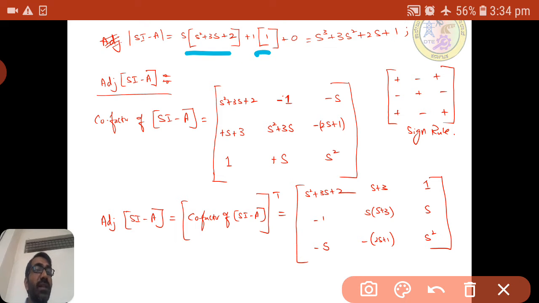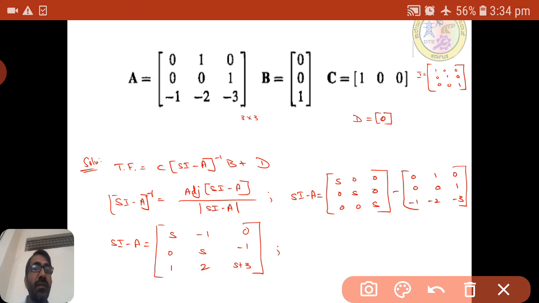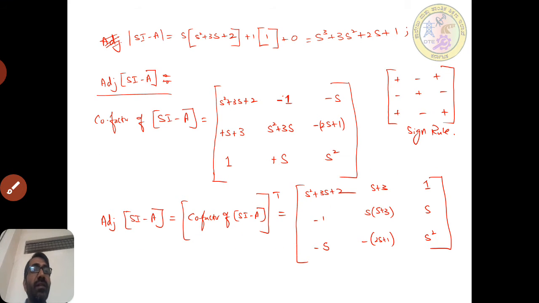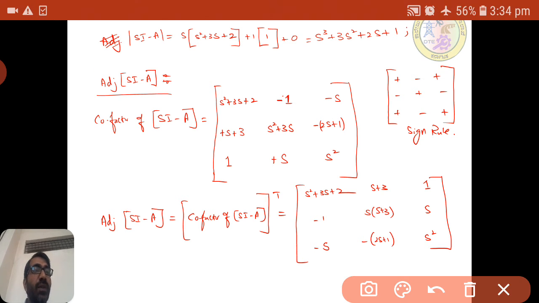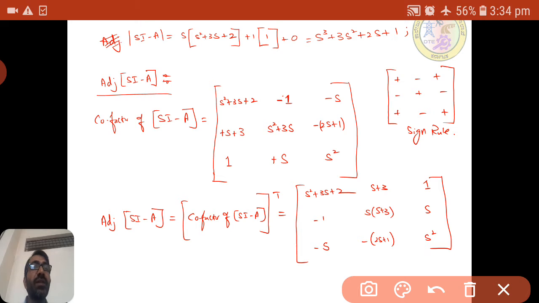Then if you take this one and don't consider this one, 0 into s plus 3 is 0, and minus the plus 1, so that will be 1 here. The third one is 0, and 0 into anything will be 0 only. So the determinant of sI minus A will be s cubed plus 3s squared plus 2s plus 1.